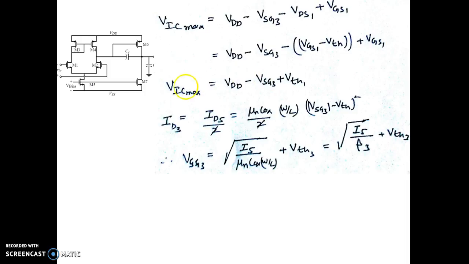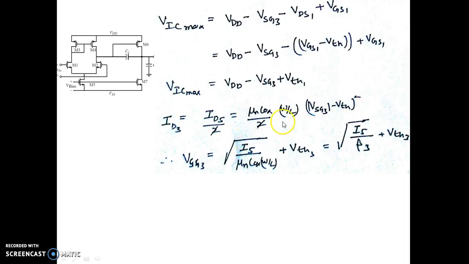But VSG3 can be further written as follows. We know that the current flowing through transistor 3 can be written as half of the tail current, that is ID5, which is nothing but mu1 Cox by 2 into W by L, VSG3 minus VTH, whole square.